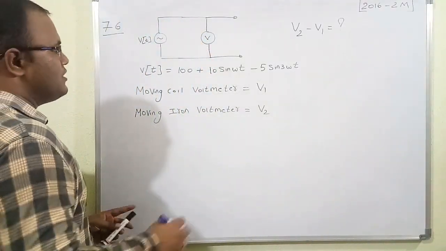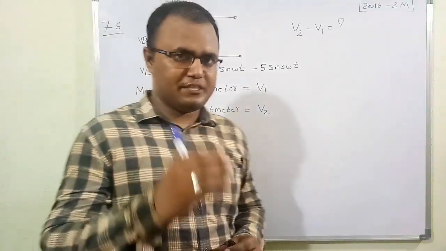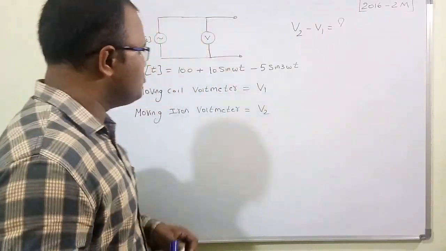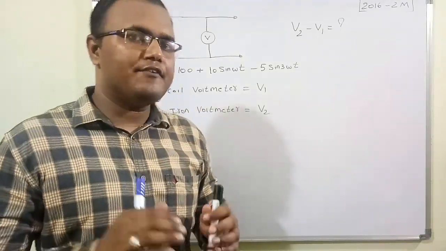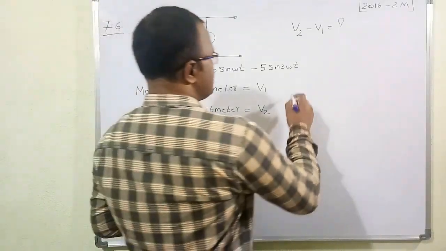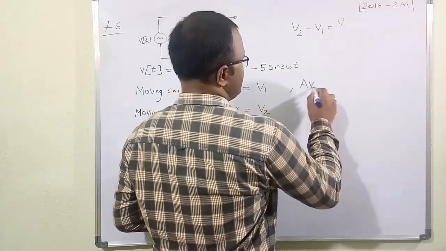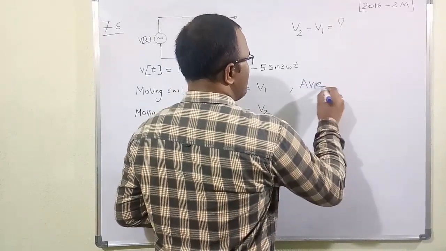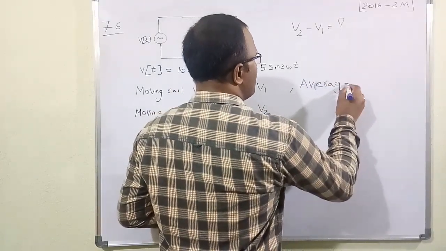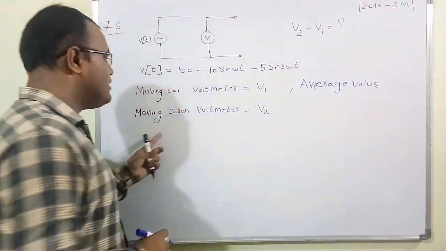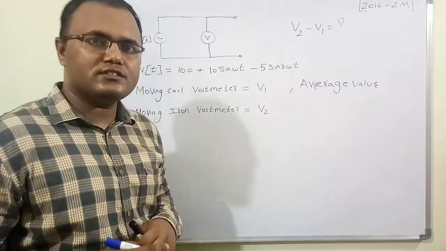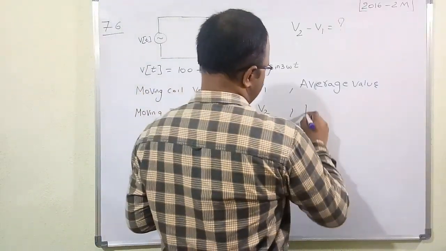If you study the measurement subject, you will get to know that a moving coil voltmeter always reads the average value, and a moving iron voltmeter always reads the RMS value.